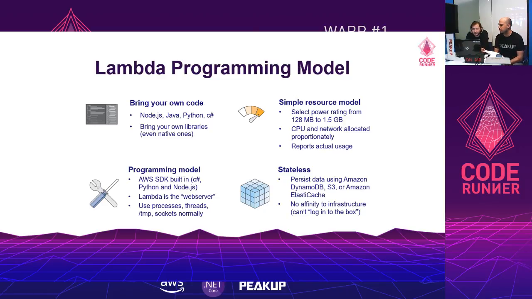You can run your Node.js, Java, C#, and Python applications. It offers a simple resource model. You basically select how much RAM you require, and it will automatically allocate the CPU and network for that specific application. You just select the RAM specification.